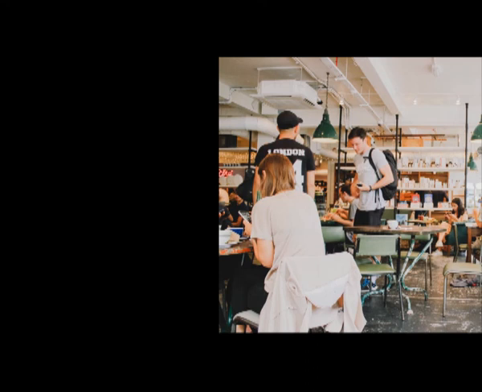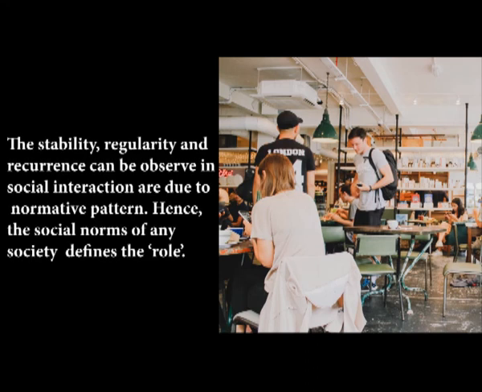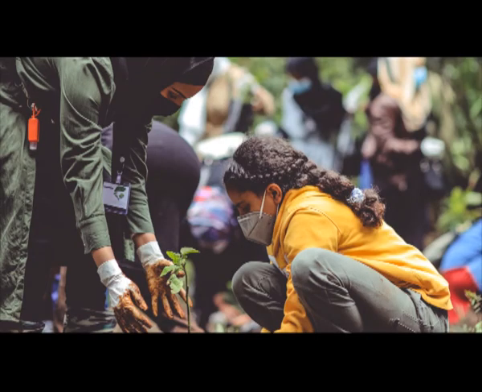The stability, regularity, and recurrence can be observed in social interaction, mutual interaction, or due to normative patterns. Hence, social norms of society define these, and these are two very significant things I would like to highlight here in this course. What is the importance of structure and functions in society?